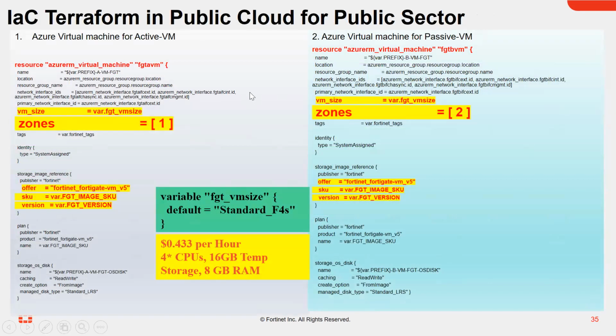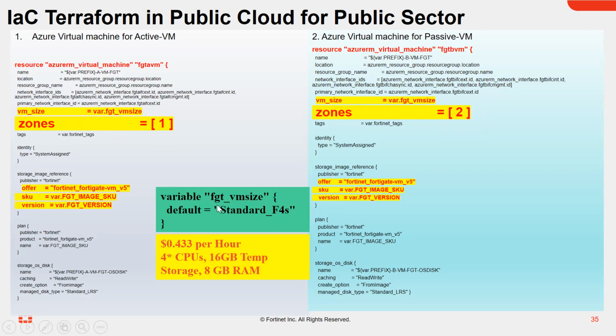Okay, as I highlighted earlier, quite a number of public cloud users go for infrastructure as code. I just show you one page about what Terraform has to deploy in the public cloud. From here, you can see zone 1 and zone 2. Zone 1 means this instance will be deployed in availability zone 1, and zone 2 means availability zone 2.